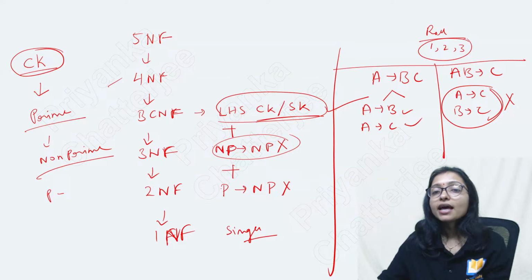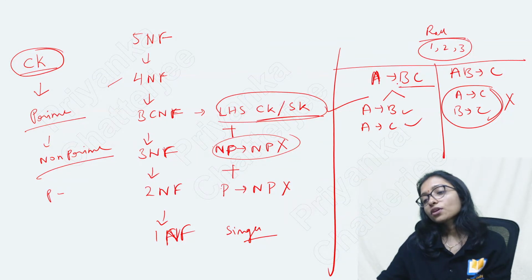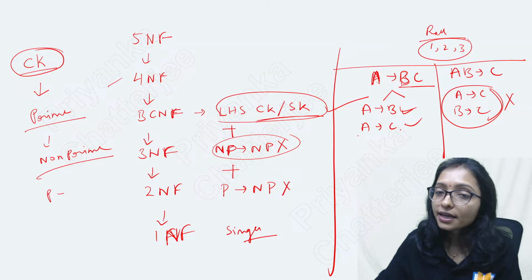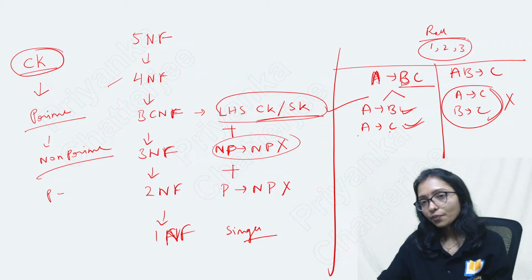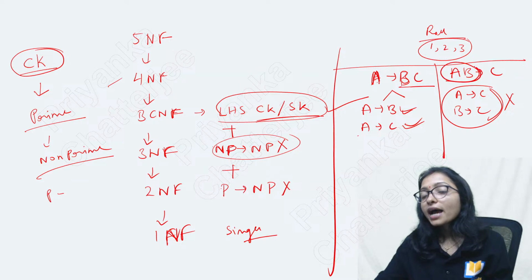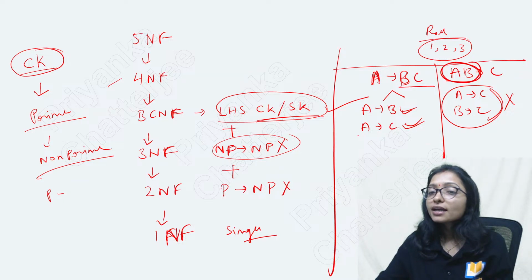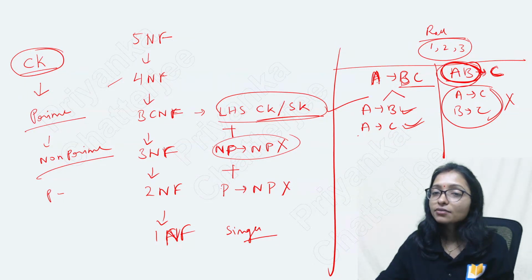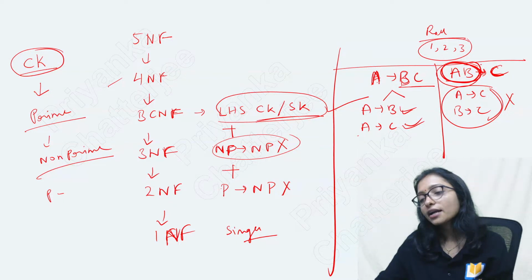Here it means that one mother has two children. So the mother can determine B, and the mother can determine the other child also. But this means that two persons together determine one child, like mother and father together determine a child.